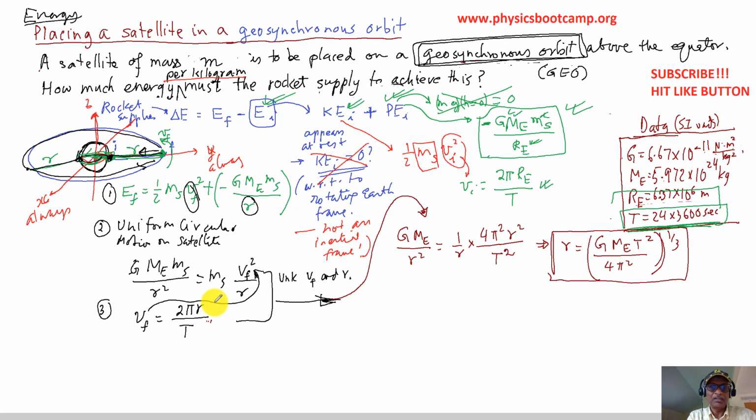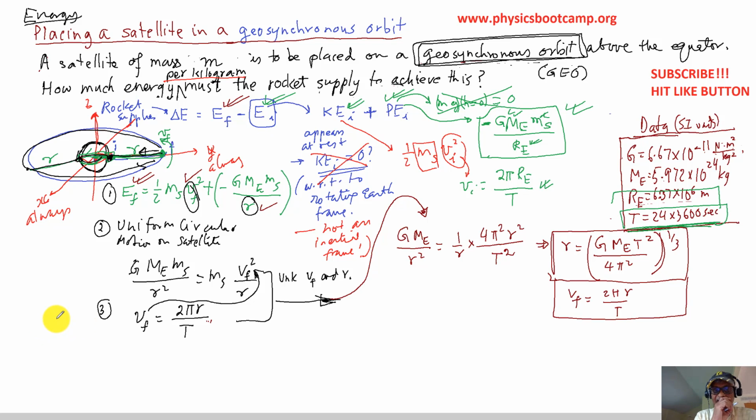Plug into here, and I get V_F equals 2 pi R over T. So going back, tracing back, we figured out R because everything here is known, and we have figured V_F. Now we have both E_F and E_I figured out, and we should be able to get the answer, right?